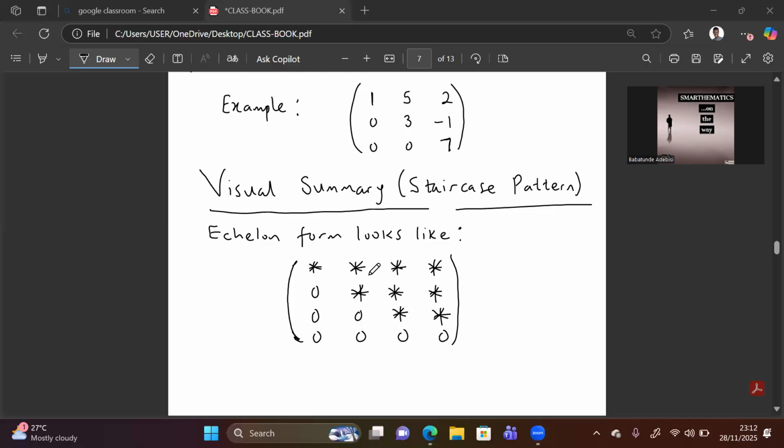All right. Just a quick one, let me identify the pivots, also known as the leading entries here. For the first row to be this one, for the second row to be this one, for the third row to be this one, and that is it. All right, now that we have explained what the echelon form of a matrix is, let's go back to solve the question above.